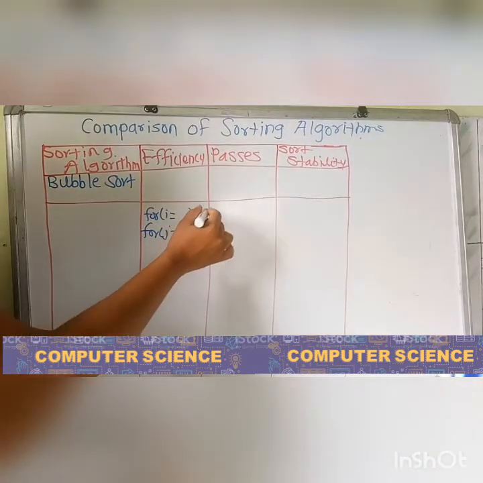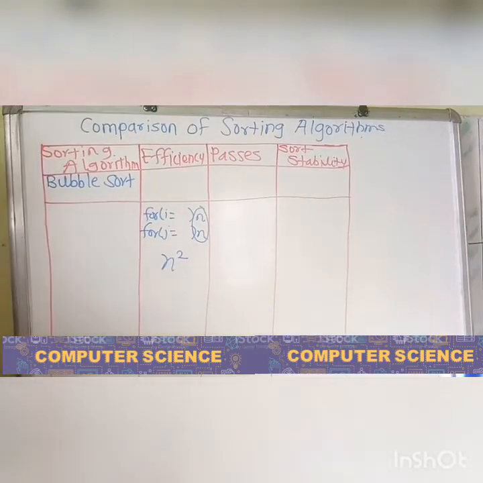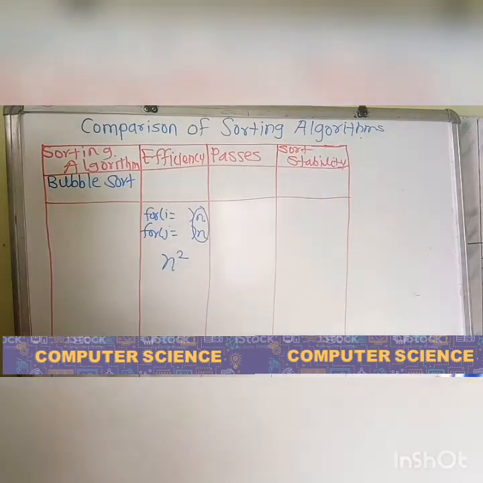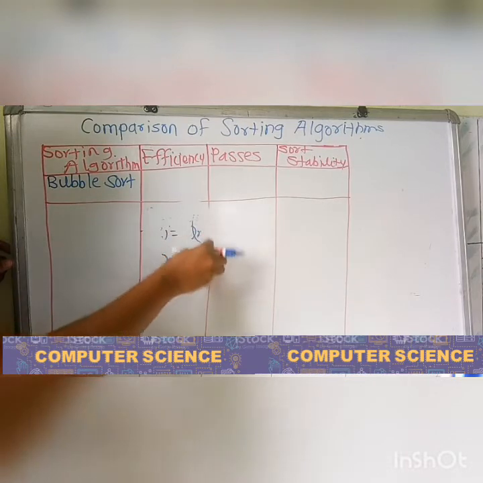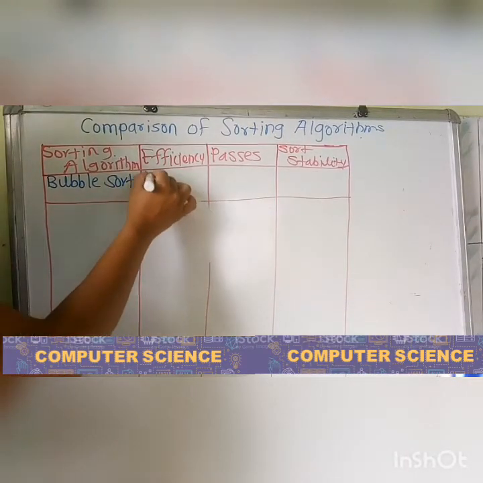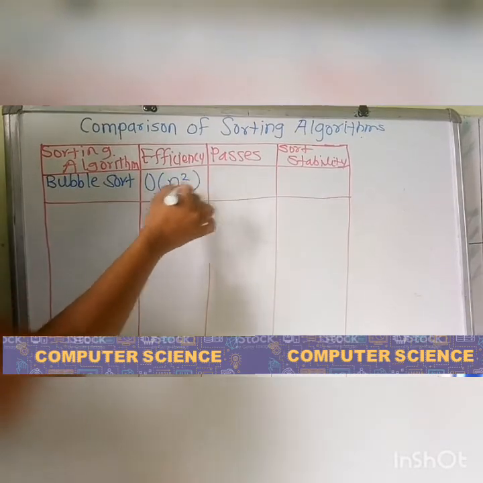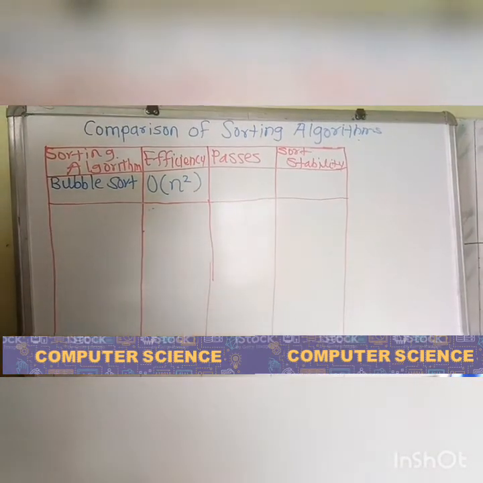Collectively it will execute itself n square number of times, which is the total time required to execute that algorithm. So from the efficiency point of view, the bubble sort has the efficiency big O of n square.